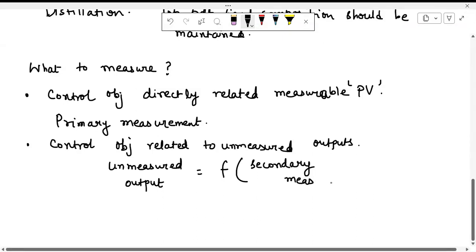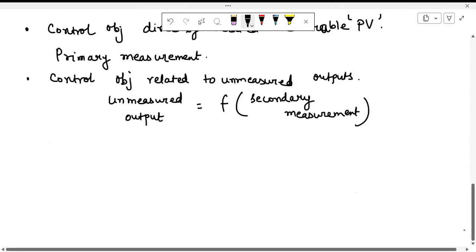Let us take this example of the distillation column again. In a distillation column, we wanted to maintain the composition of the top product, or the distillate stream. Now to do so, what we can do is directly use a composition analyzer. Okay, let me draw the distillation column for you. So this is a distillation column.